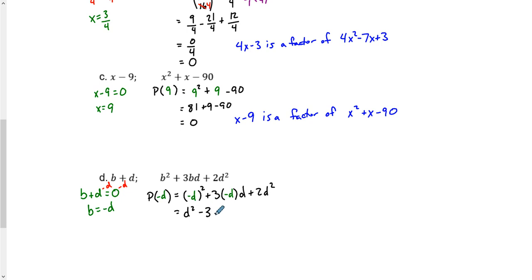Well, that's going to be a negative 3d squared. And add a 2d squared. 1d squared, subtracting 3d squareds, adding 2d squareds. Yep, that's 0. b plus d is a factor of b squared plus 3bd plus 2d squared.